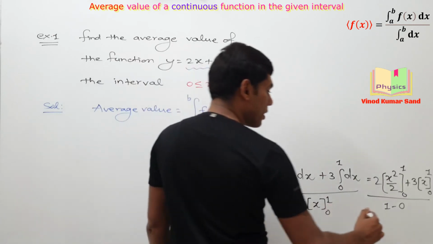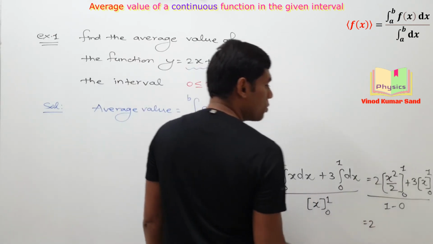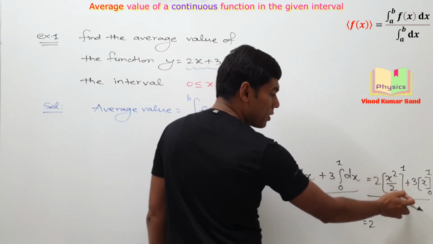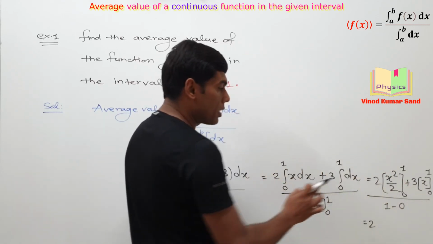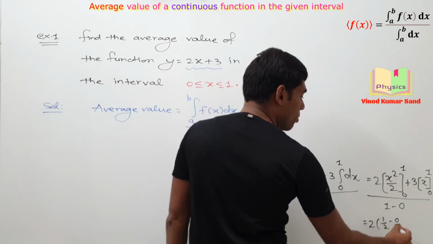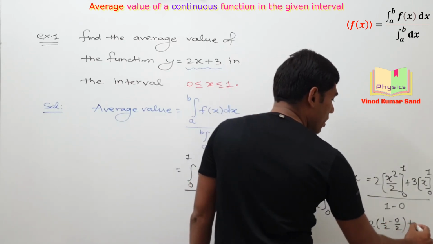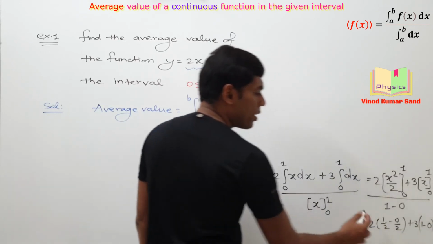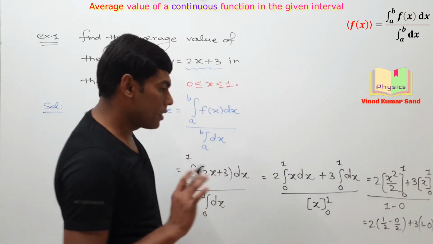Now simplifying the things further, here we have 2 at the place of x. First of all we will put the upper limit, then we will be putting up the lower limit. So it will become 1 by 2 minus 0 by 2 plus 3, 1 minus 0 divided by 1. No need of writing that.